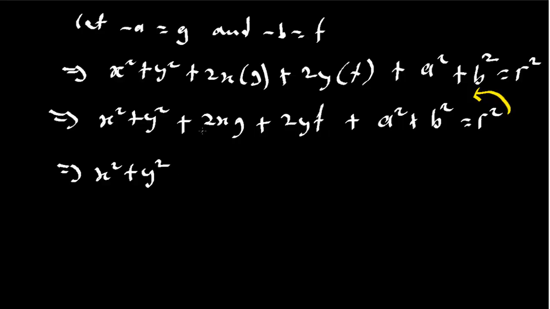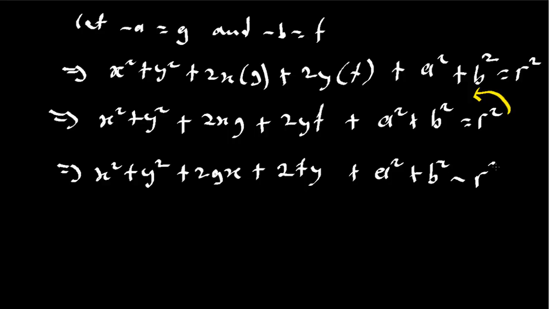So because of that, we are going to rearrange the 2xg as plus 2gx. And then here too, multiplication is commutative, so we are going to rewrite it as 2fy. And then here, we're going to say plus a square plus b square minus r square. Then here will be 0 since there's nothing there.